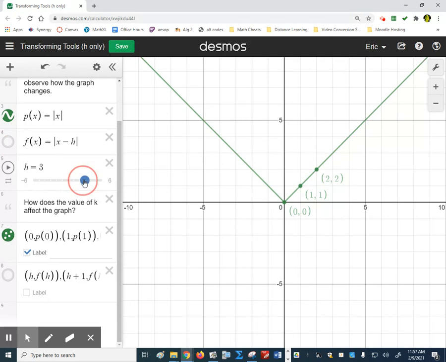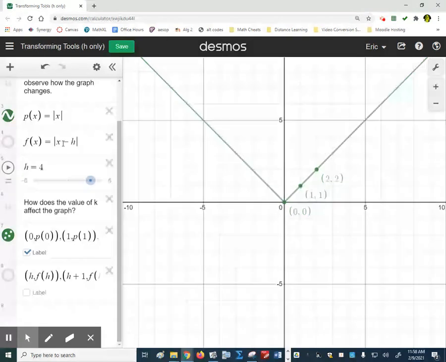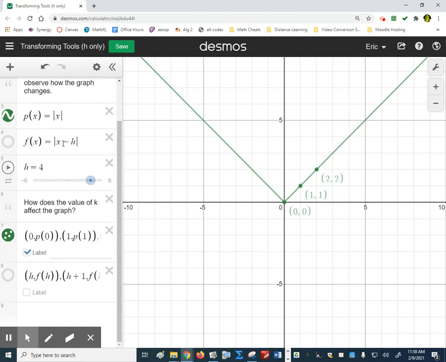But what's going to happen if I let h equal 4? So I'm going to subtract 4 from x inside of the function. What's your prediction? What do you think is going to happen there? Just make a guess. You might be wrong. It's all right if you're wrong. I mean, you may have never seen this before, so it might go down.